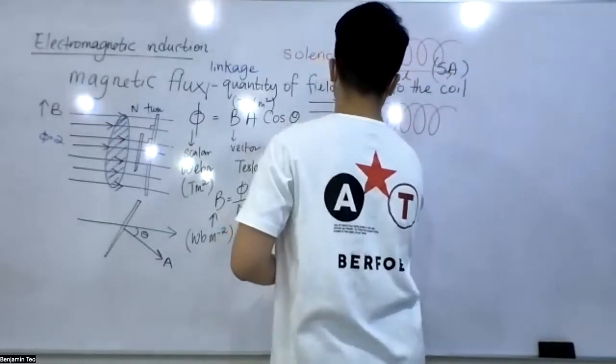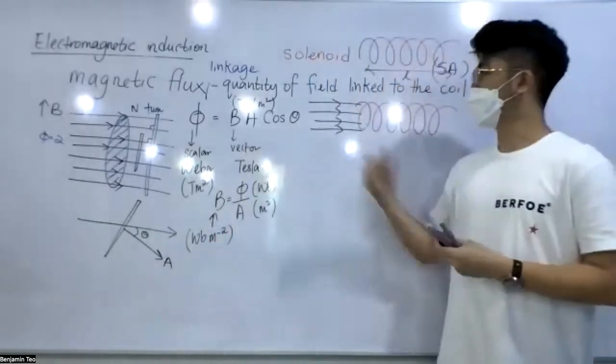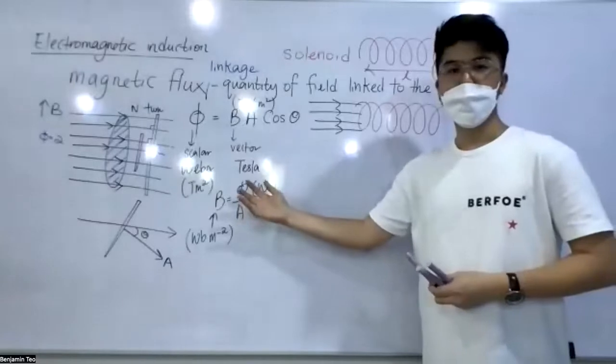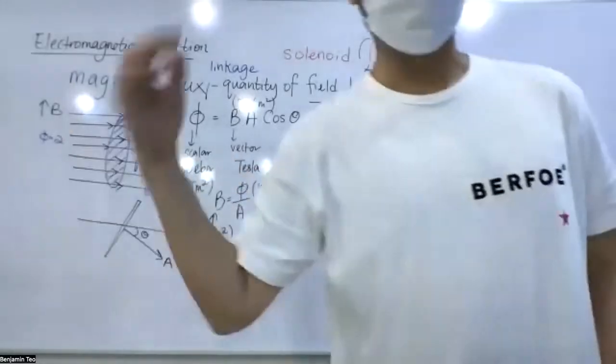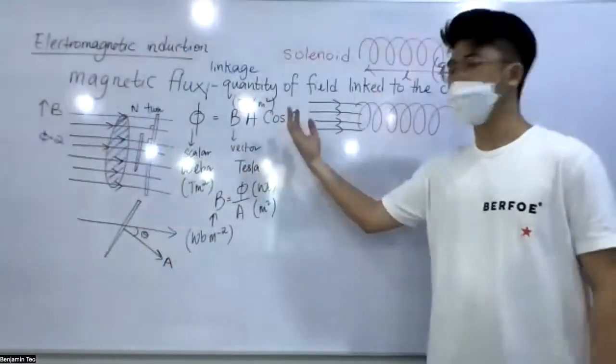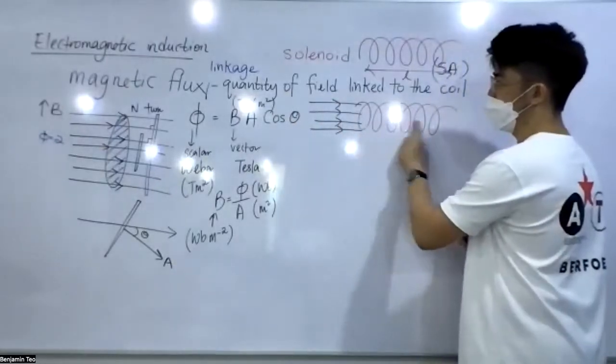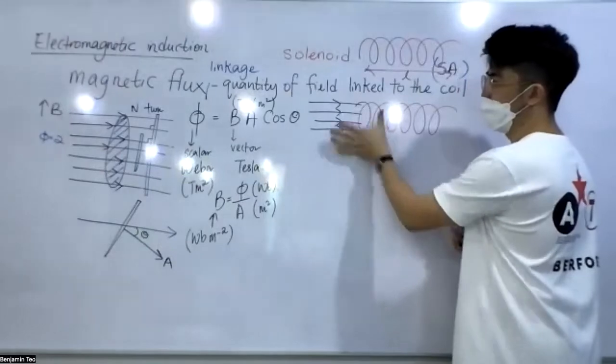This magnetic field can be from a magnet nearby, or it can be from another coil of wire that has current placed beside it. It comes from here. Then this linked to this, we call it magnetic flux linkage.